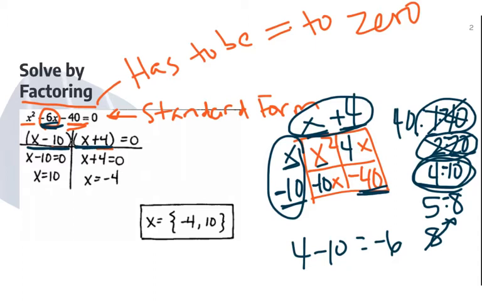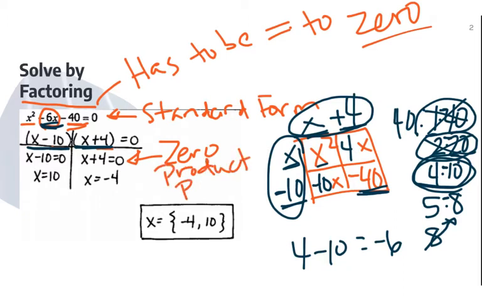So if you guys can go and do it in your head, as long as you get it consistently correct, great. But always practice your area model because it will help you if you hit up against a problem that you can factor, but maybe it's confusing. Okay, so now here, the reason that factoring has to equal 0 is because now I can use the zero product property.